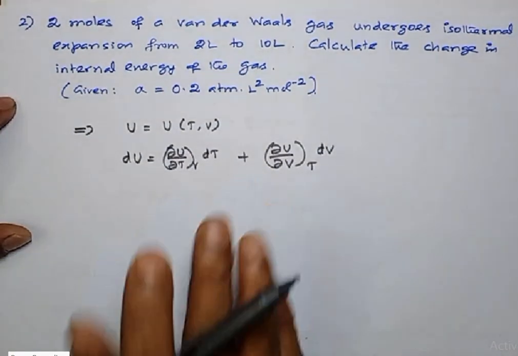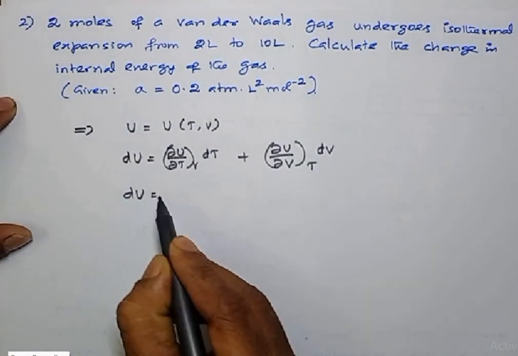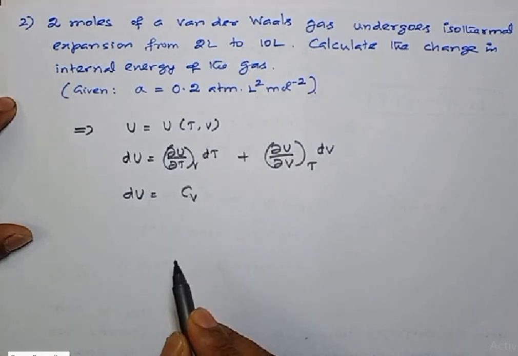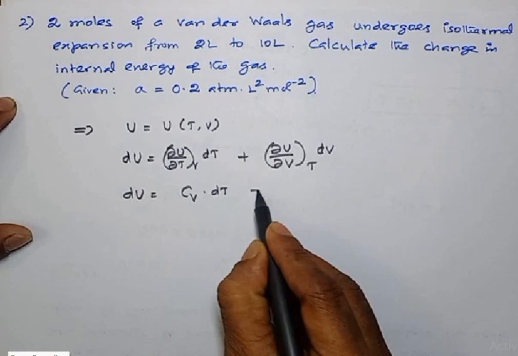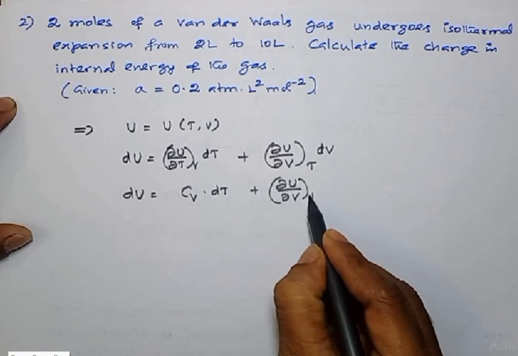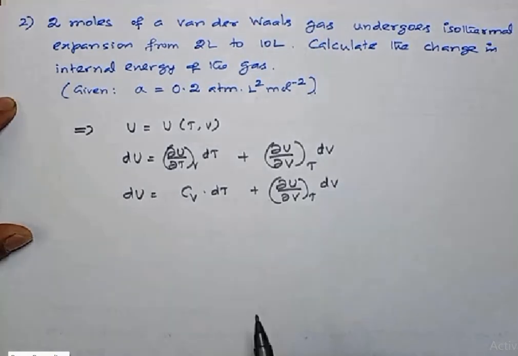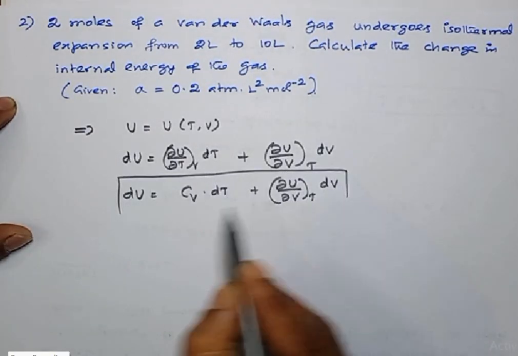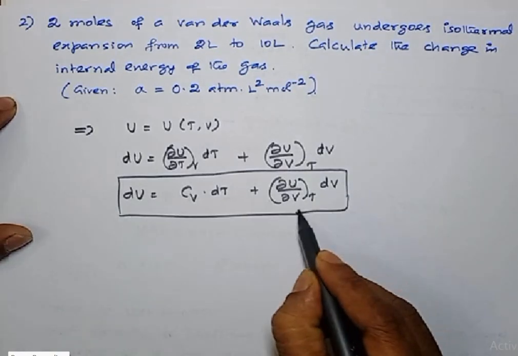Now listen carefully. dU is equal to, you know very well, ∂U/∂T at constant volume, which is nothing but Cv. So this is Cv into dT plus ∂U/∂V at constant temperature into dV. This is the general expression for change in internal energy of a system.